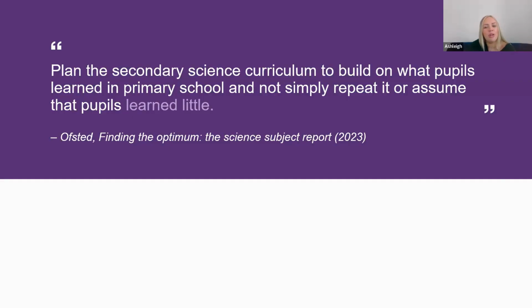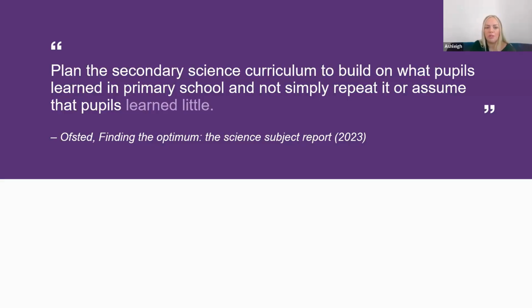Now, this report was collated and carried out from early years all the way up to Key Stage 5. And one of the things that Ofsted found during this study was that often Year 7 feels like reteaching when they looked at the curriculum across all the different schools that they went into.